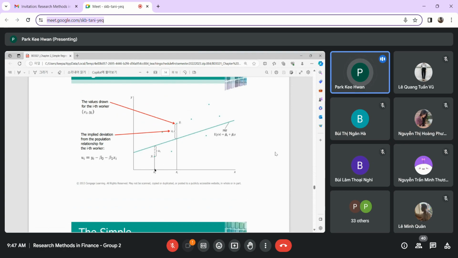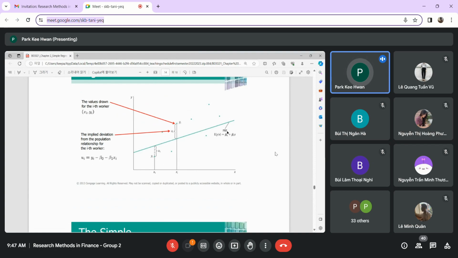The data point on the ith worker will be here. So this is the wage rate of the ith worker and the years of education of the ith worker. And we have so many data points. And here we have the straight line, which we call the population regression function.